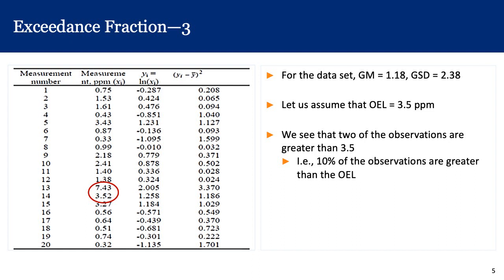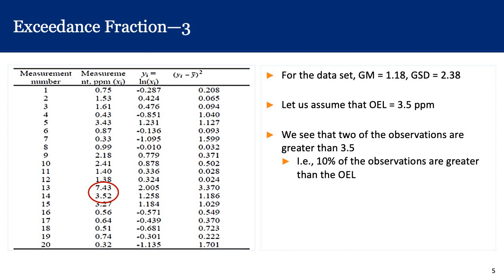Now, even without doing any further analysis, we can say that in our finite data set, there are two measurements that are greater than 3.5. That's the 13th and 14th measurements, so 7.43 and 3.52. So out of a data set of 20, two of them, meaning 10% of the observations, are greater than the exposure limit. But of course, that's a finite data set.